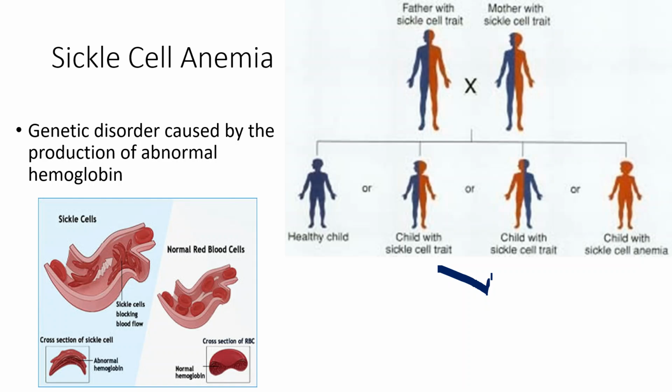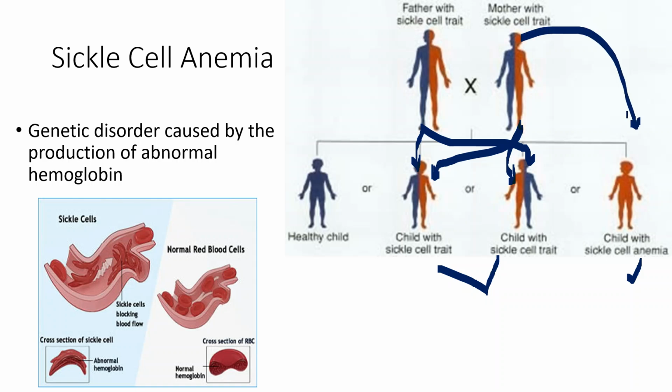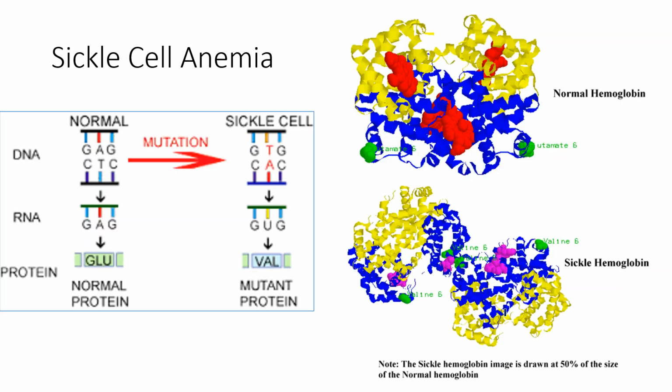If one good gene goes to the child and the bad gene goes to the offspring, you could end up with, again, carriers of the disease. Now, a child with full-blown sickle cell anemia is getting both bad genes, one from mom, one from dad, and so this would be a person who manifests the sickle cell disease.